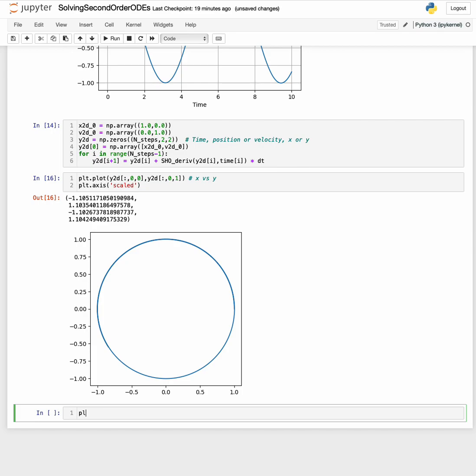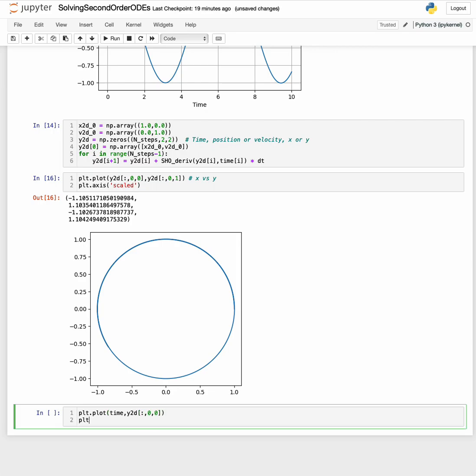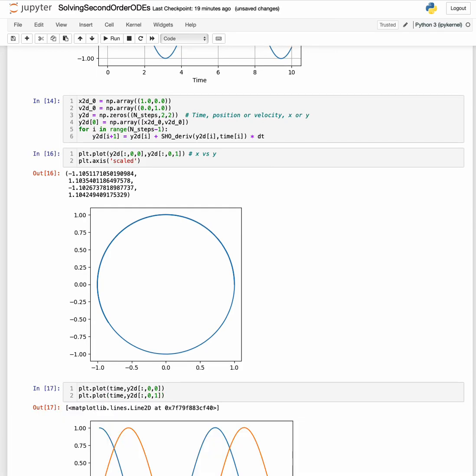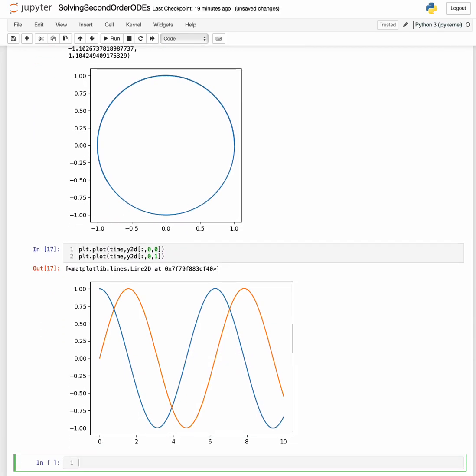Does that make sense? Well, let's plot the x and y components against time rather than together. So I want plt.plot of time and y2d of colon, 0, 0, and plt.plot of time and y2d of colon, comma 0, comma 1. And let me plot that, and we see that the x and the y components follow cosine or sine sinusoidal curves, which are a factor of pi by 2 out of phase.